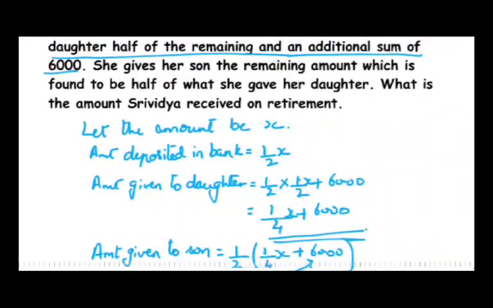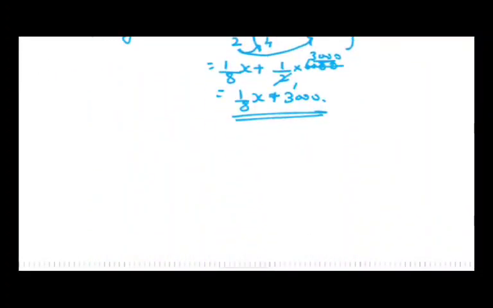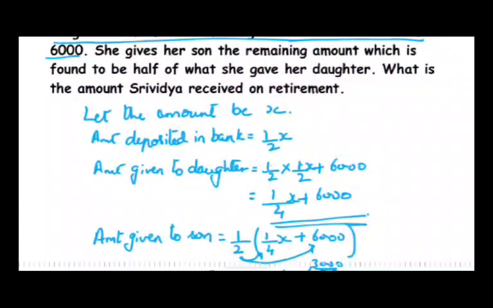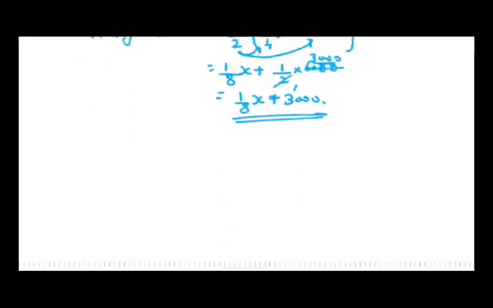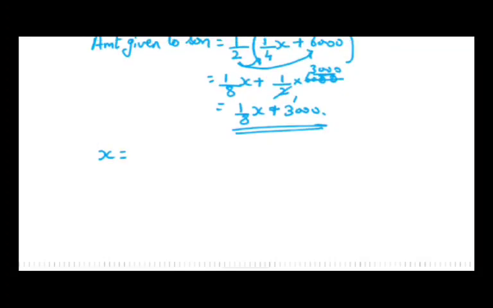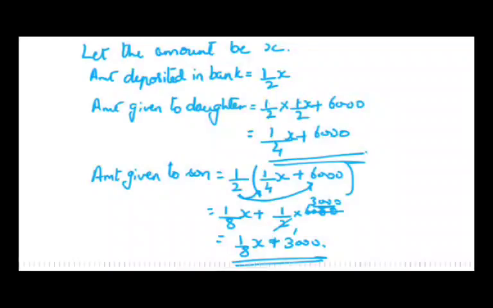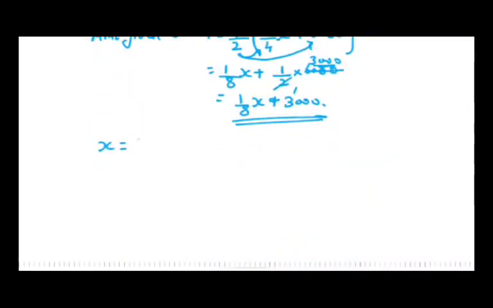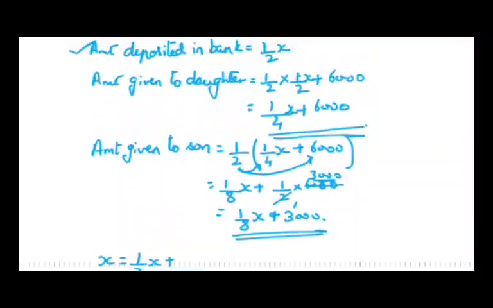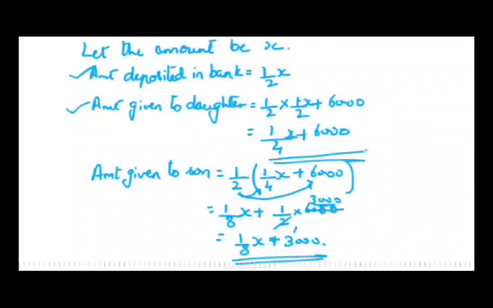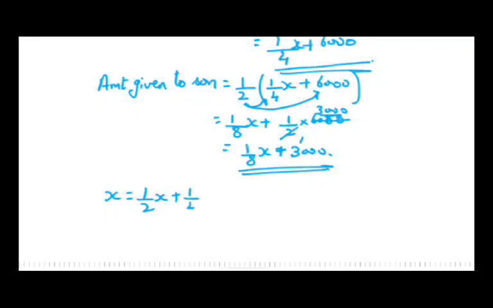So now, what is the amount Shri Vidya received on retirement? We said let the amount be X. So this X is the amount deposited in the bank, half X, plus the amount given to her daughter, 1/4x plus 6,000, plus what she gave her son, 1/8x plus 3,000.